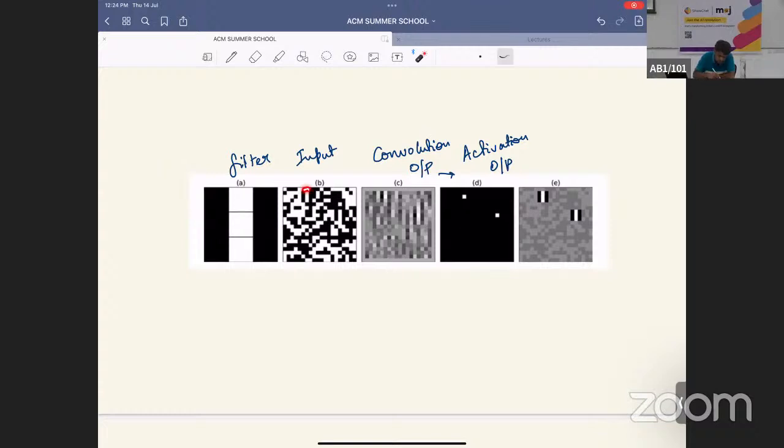If you look closely, this region matches this filter, yes or no? That's why you got a strong response in the output. Similarly, this other region here matched this filter, so you got a strong response here. This is just showing that same region I indicated.